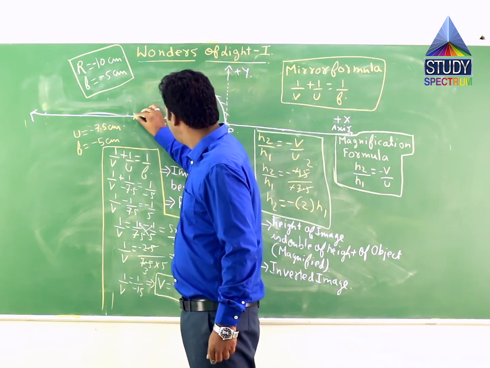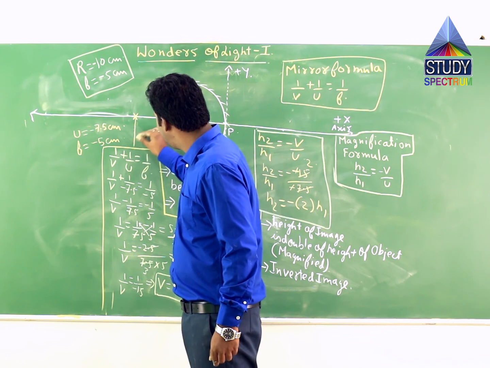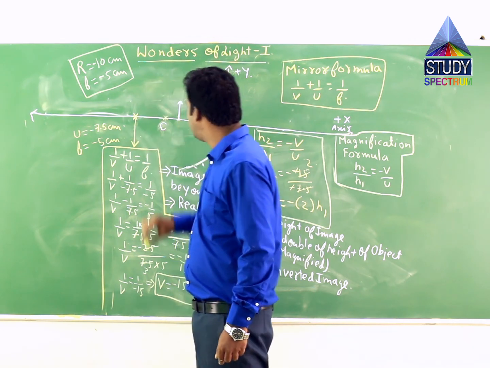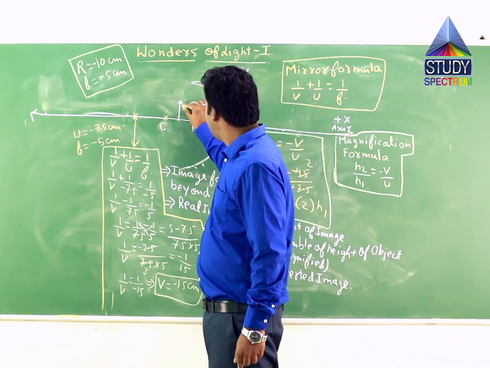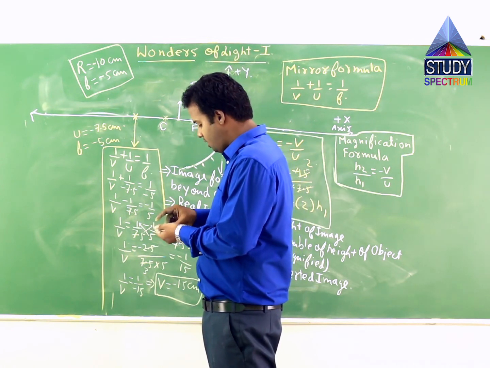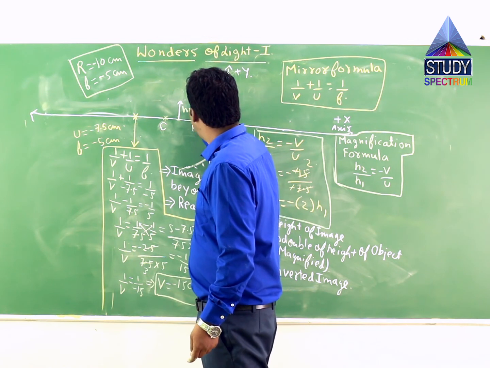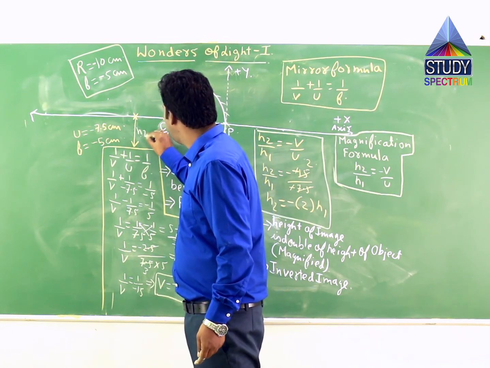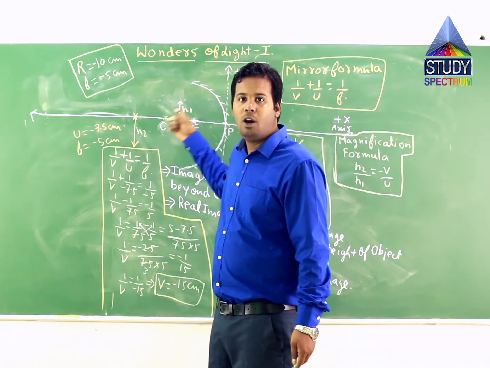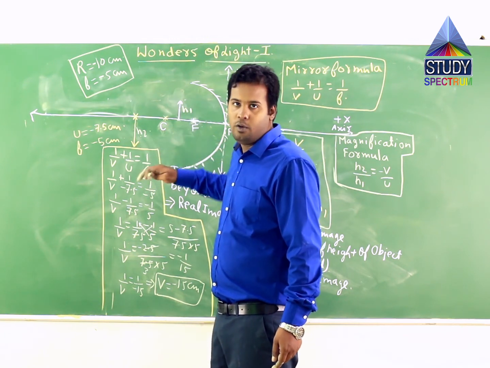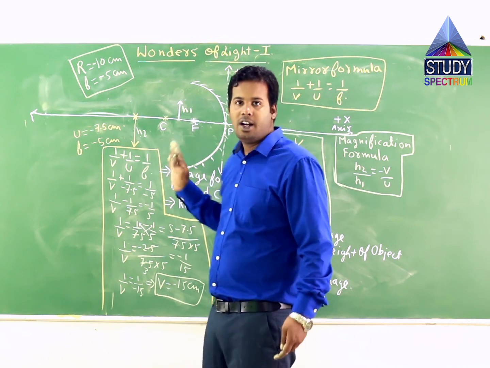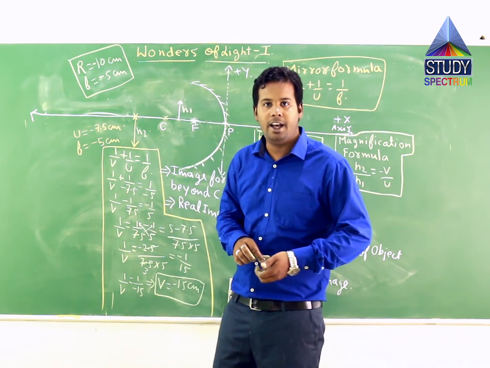So it means it should be longer but in the opposite direction. This length is h1 and this length is h2, and this h2 is double h1, but since it is negative, it will be shown downwards. So this was the fourth case, when the object is placed between C and F.